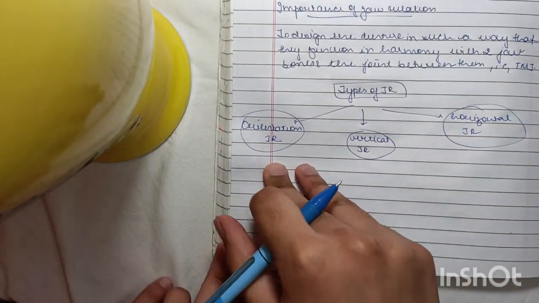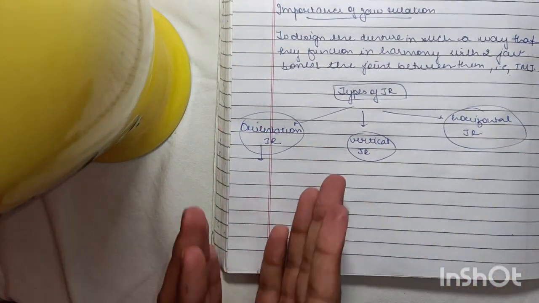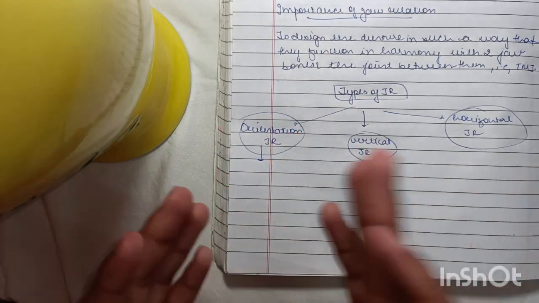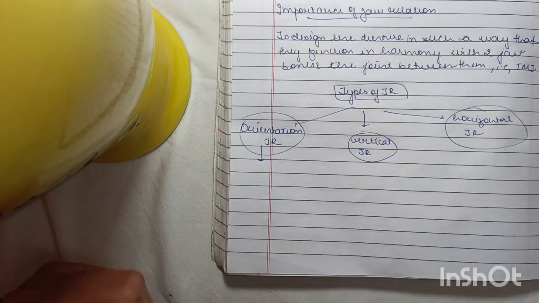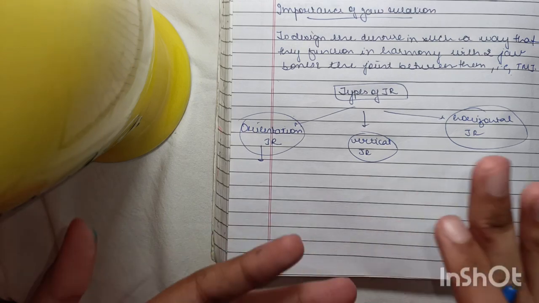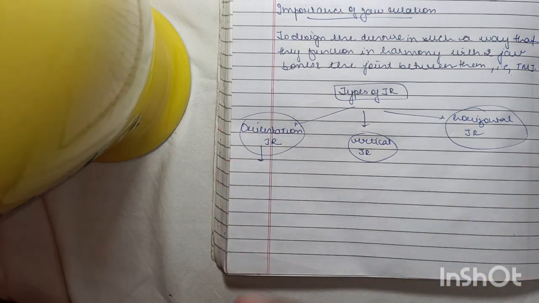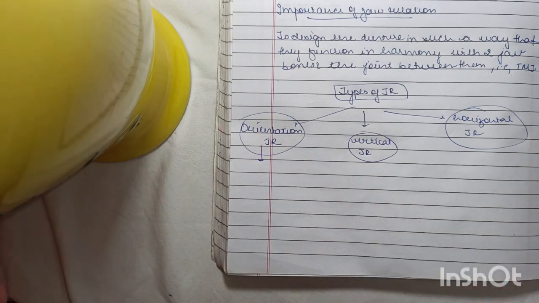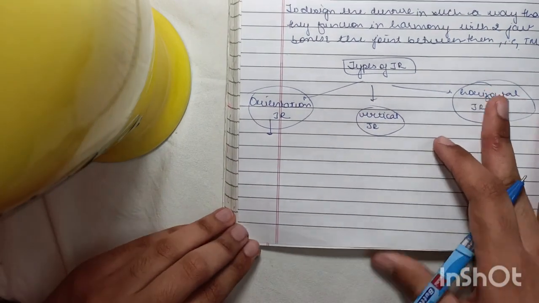Now coming on to the orientation jaw relation. Now it is very easy. Here you must remember, basically in orientation we are taking the relationship of maxilla to the base of the cranium as well as the transverse hinge axis. Now what is this hinge axis? It is basically an axis which is passing through the center of the condyle, around which the mandible rotates in a sagittal position. All right. Now again I'll just write it so that it is easier.